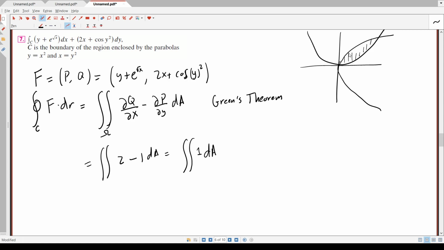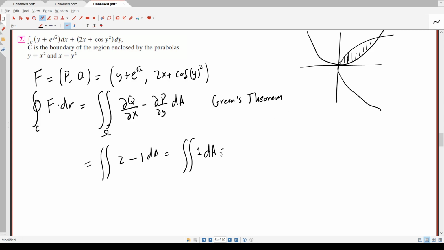So if I just integrate along vertical strips, well, I can just do a regular integral, but I'll set up the double integral. So we integrate with respect to y first.